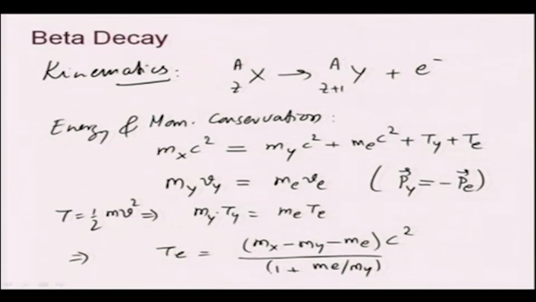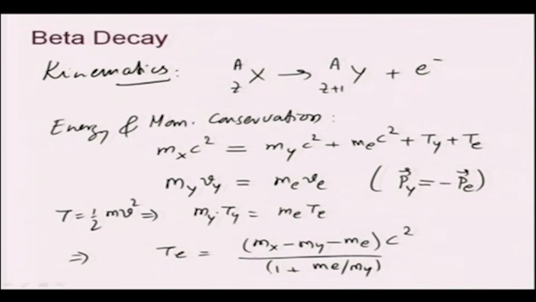So, this actually tells you that if it was only the daughter nucleus and the electron in the final state, a one particle going to two particle decay similar to the alpha decay, then we should be able to compute the kinetic energy of the electron just as a function of the masses of the particles involved.